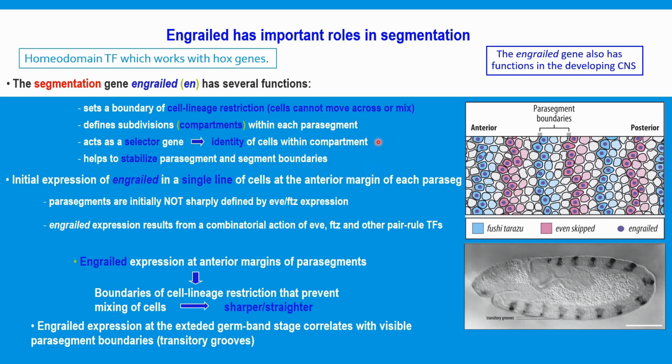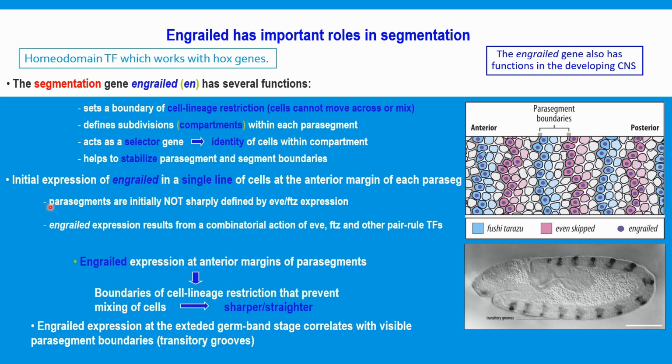It prevents cell mixing, it defines the anterior end of the parasegment, etc. And initially, engrailed is expressed in a single line of cells at the anterior margin of each parasegment. So here we have the parasegment boundary, and it's on the anterior side within the parasegment. The next stripe is the anterior side within the next parasegment.